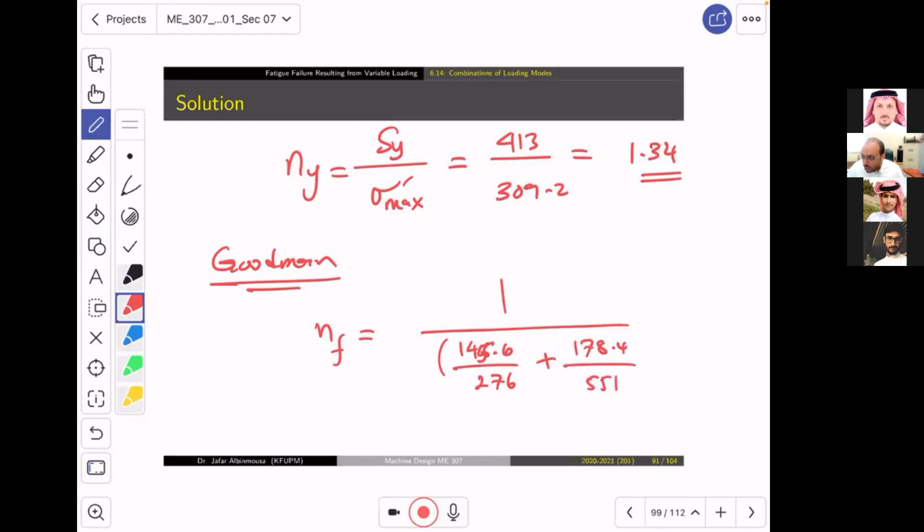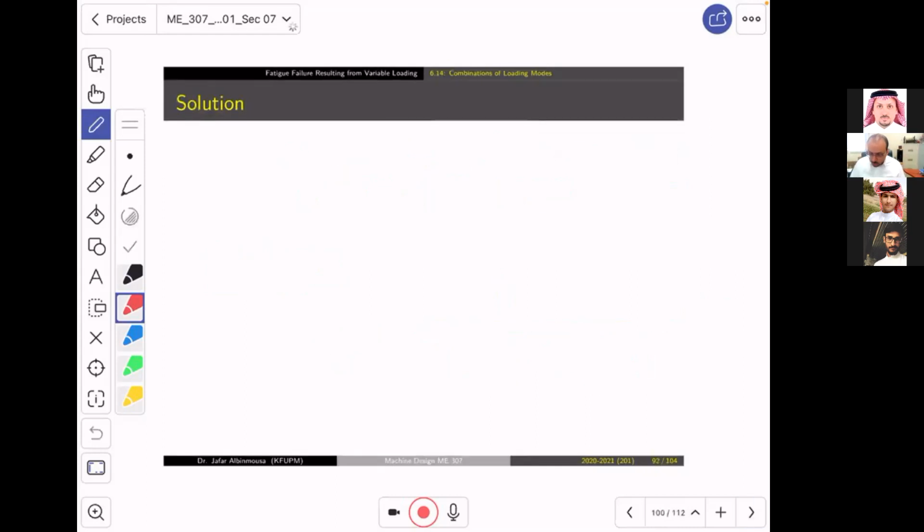And when I do this, I will get a factor of safety of 1.18. Very little, but it's still safe. Then I use Gerber, which will give me a factor of safety of 1.47, and then ASME will give me a factor of safety of 1.47. Both of them, ASME and Gerber, gave me the same value.